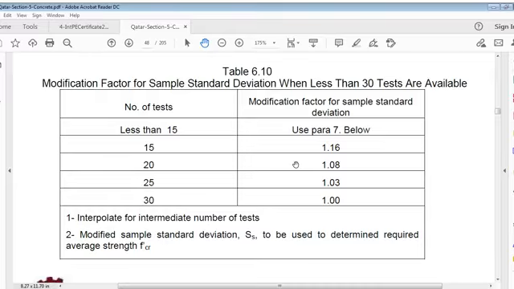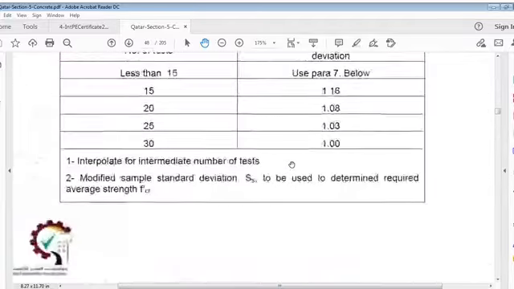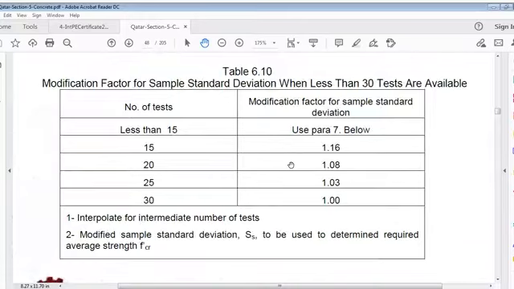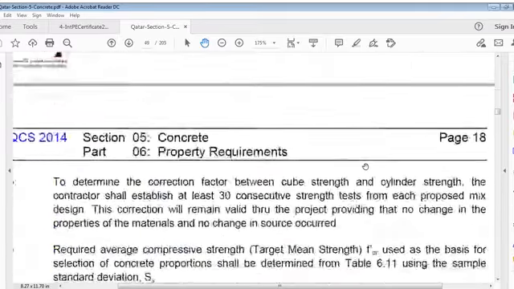Then for number of tests 15, it is 1.16, 20 tests, 1.08, 25 tests, 1.03, and 30 tests, 1.00. Interpolate for intermediate number of tests. Modified sample standard deviation Ss is to be used to determine required average strength f'cr.